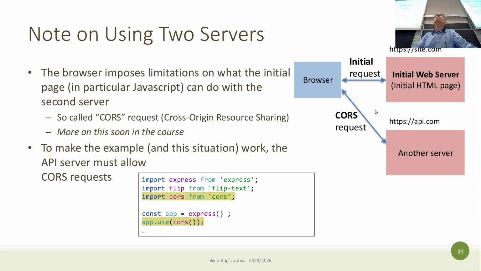The browser is not so happy about this situation because malicious code inside what you have received from the first web server could load stuff from another server, making it appear as coming from the first server, and you don't even know that the JavaScript is loading information from another server, okay? So this is potentially a security issue. That's why I want to discuss this in more detail with you next week.